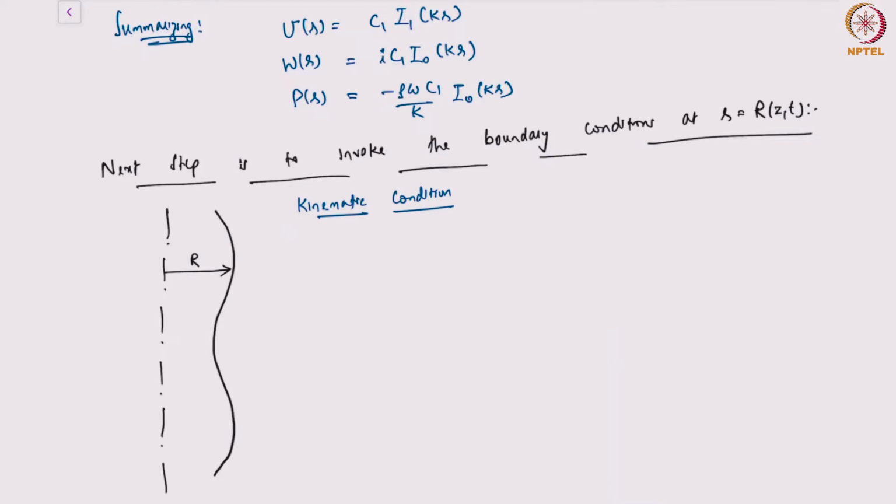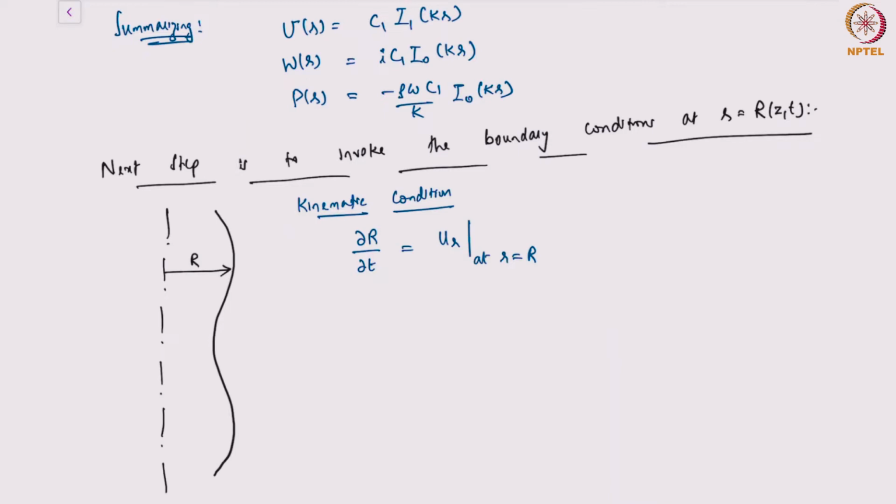Therefore, the rate of change of radius is exactly equal to the radial velocity at that location. So in other words, del R by del T will simply be the radial velocity at R equals capital R.